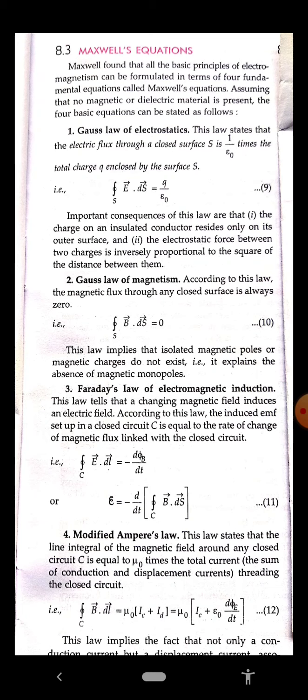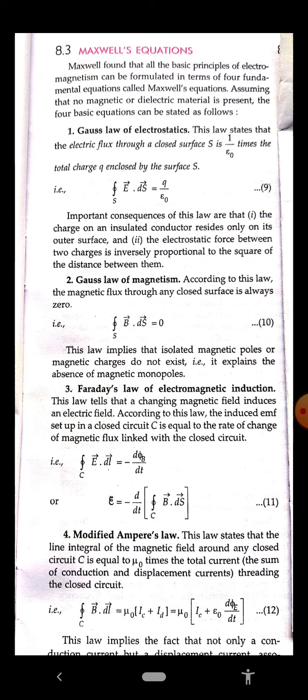Displacement current arises due to the changing electric field, and it is given by epsilon naught times d phi upon dt. Therefore Ampere's modified law takes the form mu naught within bracket I C, the conduction current, plus epsilon naught d phi E upon dt, where phi E is the electric flux.